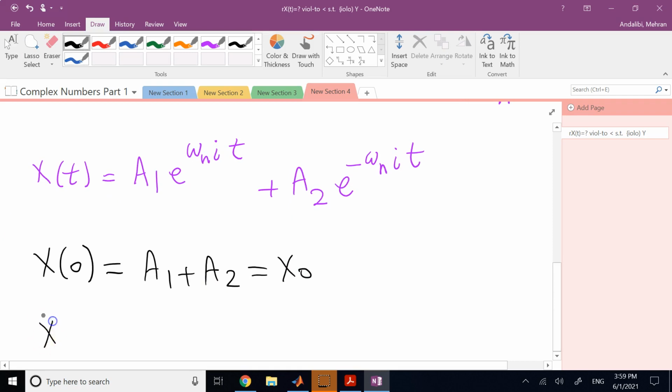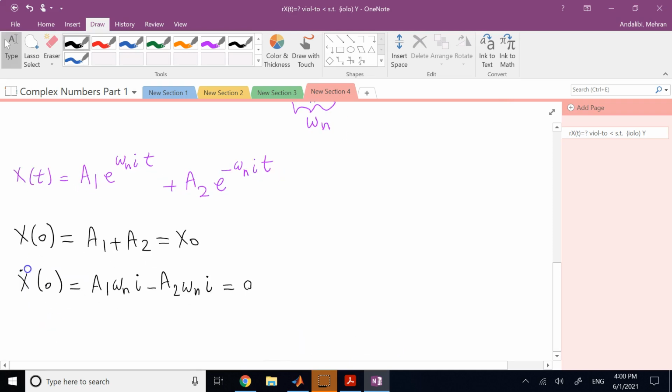And then x dot at time 0 is going to be, if you take the time derivative, the term omega n i gets out of the exponential, and then the exponential at time 0 is going to be 1 again, so it is going to be a1 omega n i minus a2 omega n i is equal to 0. True?